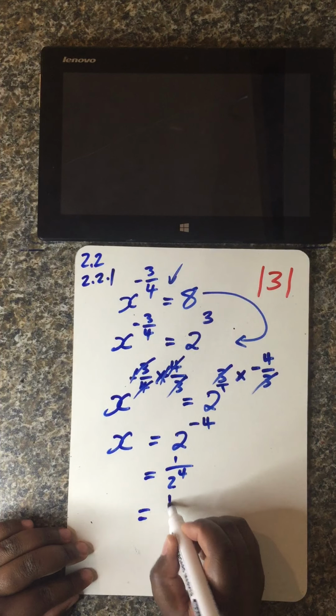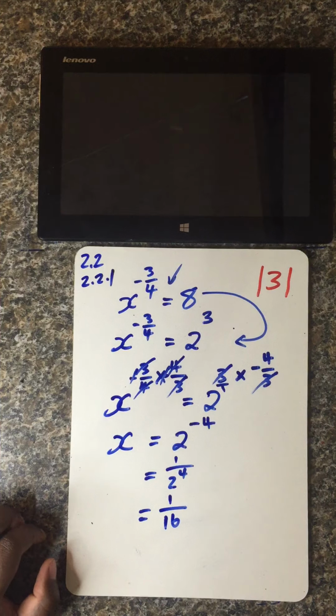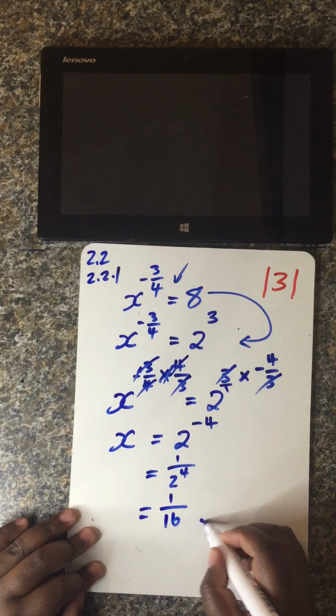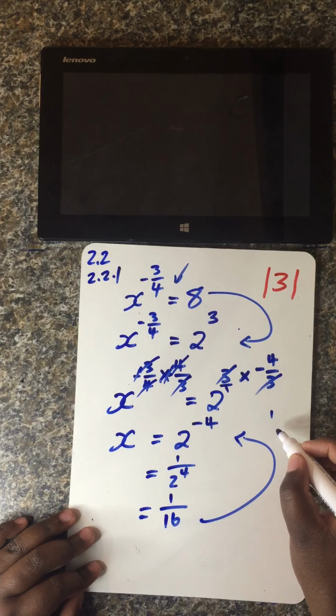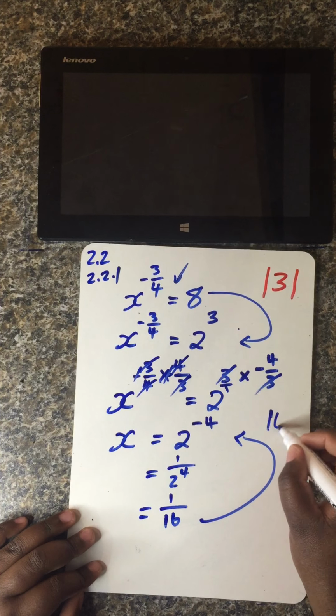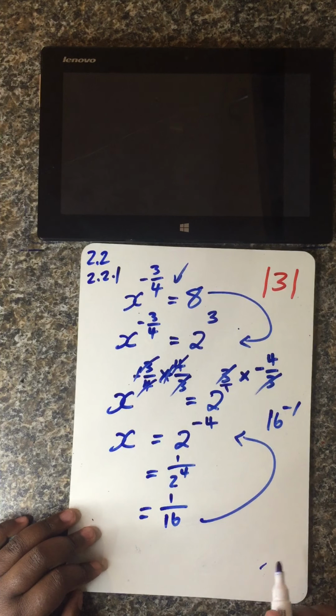This is 16, so this is the same as 1 over 16. If you want, you can also write that step as 16 to the exponent negative 1, because you know 2 to the exponent 4 is equal to 16.